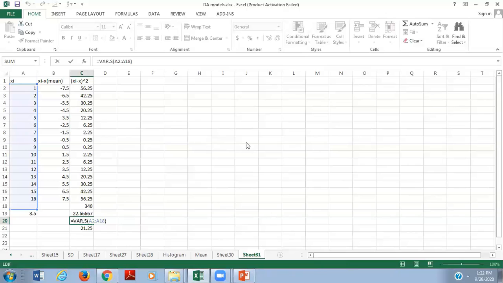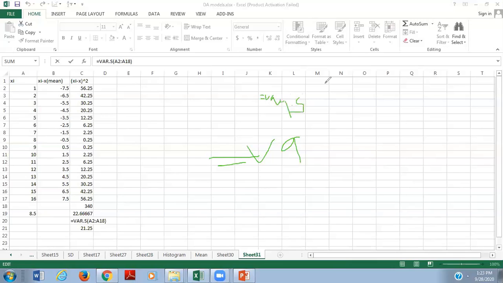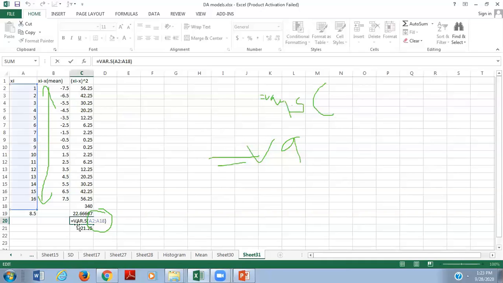You first put the equal sign, then VAR.S, then bracket, select the range, right? And the value came, the value is 20 points, same as we calculated manually, because here n minus 1 is there.